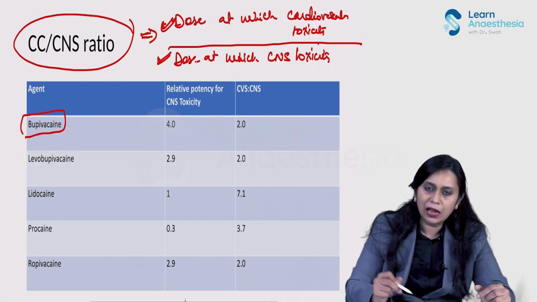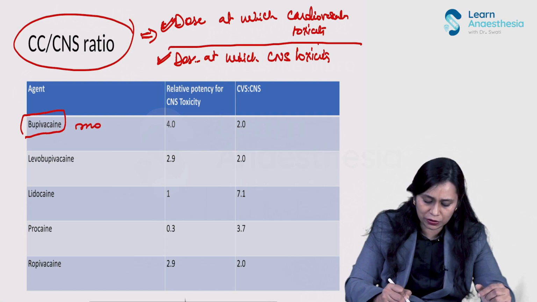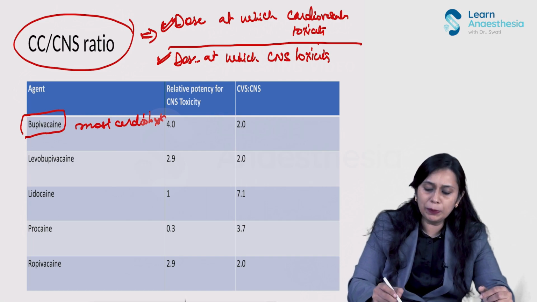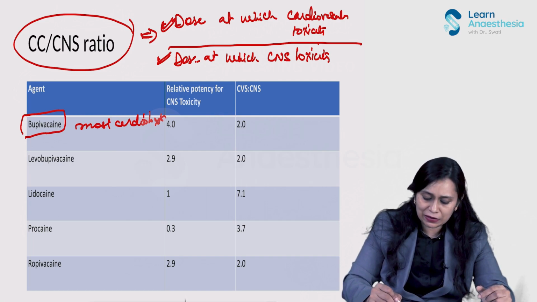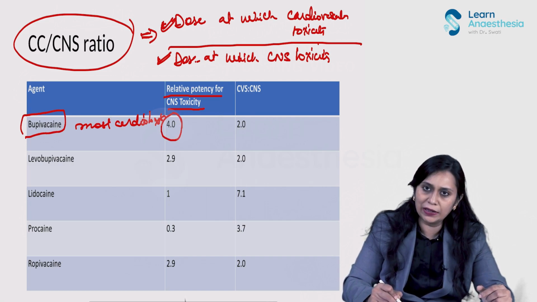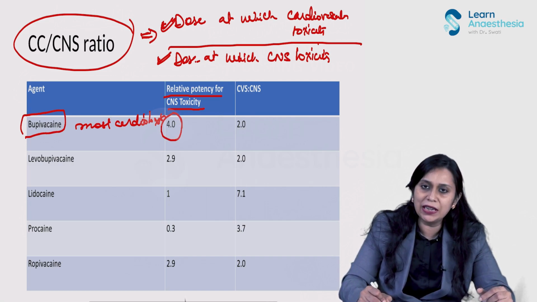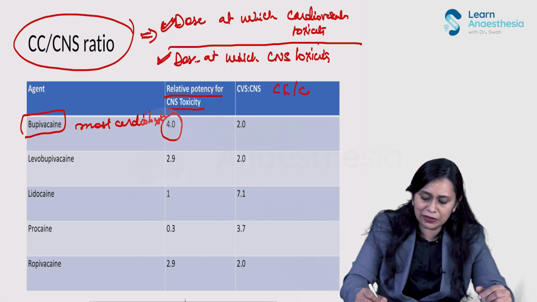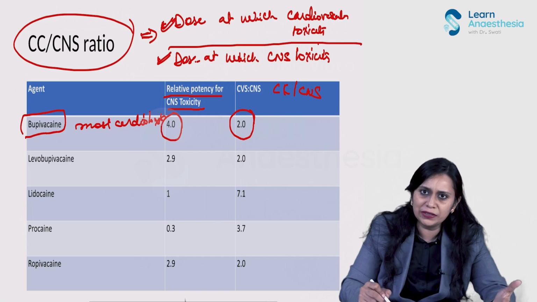If you see bupivacaine, I told you we never use bupivacaine for IVRA because it is most cardiotoxic. Okay. Now, bupivacaine, its relative potency for CNS toxicity is 4, which is high, and CC-CNS ratio is 2, right? So, which is a low CC-CNS ratio.